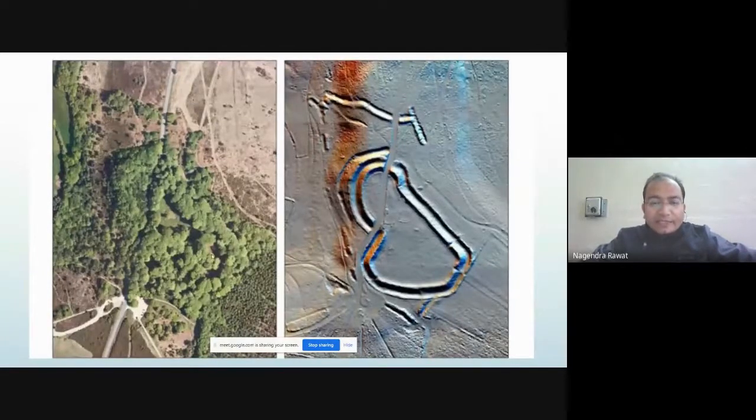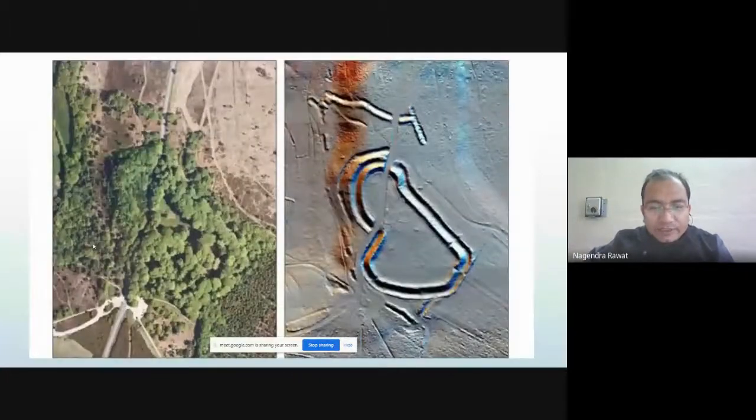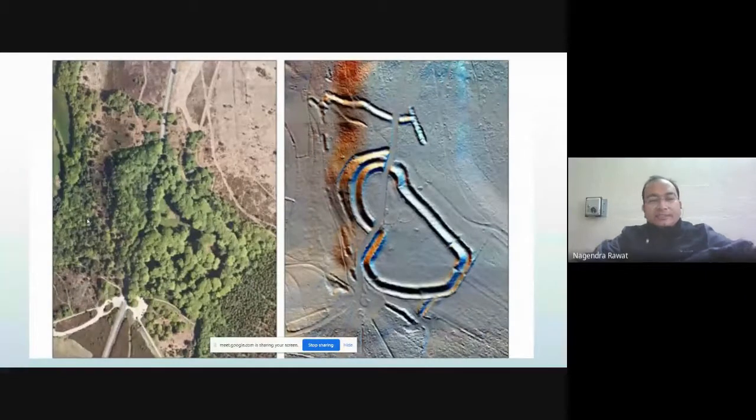Okay, and the next image, I think you can see better. These are three images of the same site. I have put this here because I discovered this site on Google Earth. In the previous case you can see that the radar data is very expensive, so not everyone can afford it, even for academic researchers doing a PhD or a master's. So we cannot purchase the radar data.